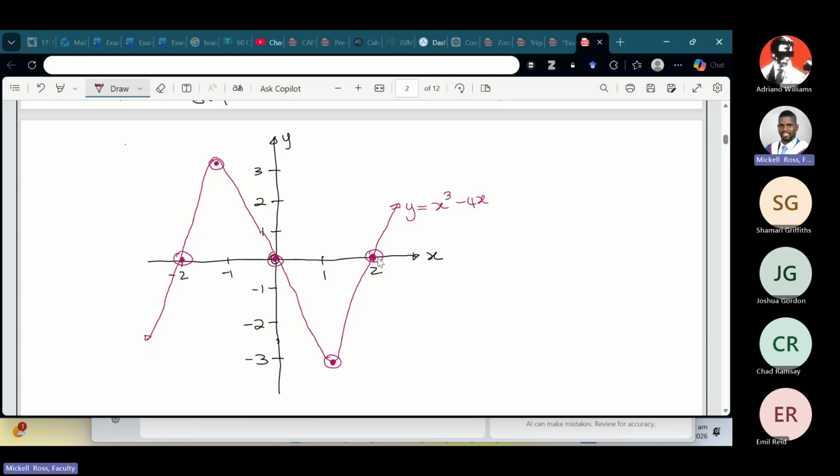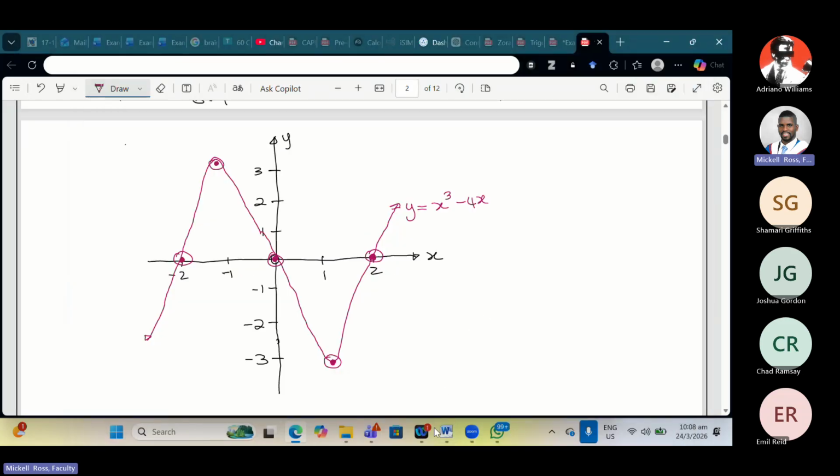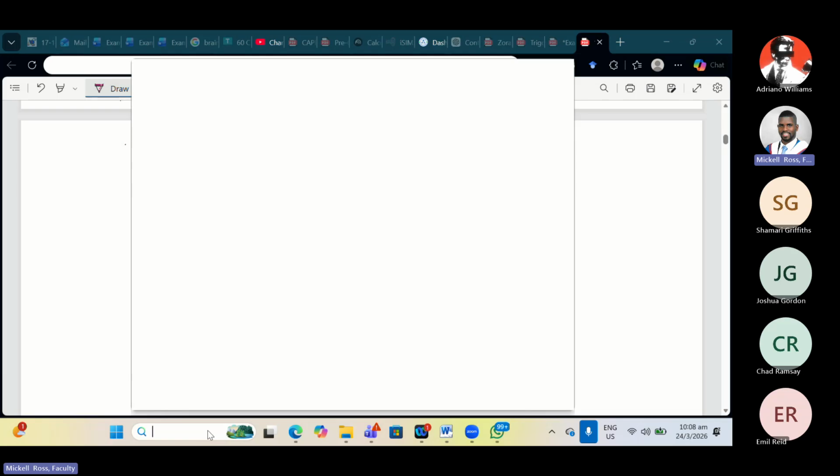What I'm going to do for you as well, I'm going to use the GeoGebra software to work this as well, so you can see what it would look like. All right, just give me a second. Let me load the GeoGebra software.